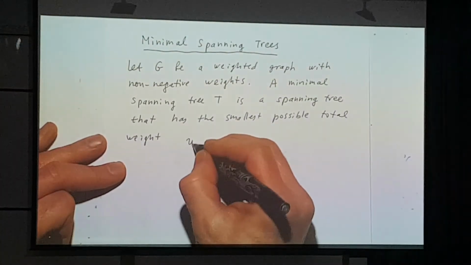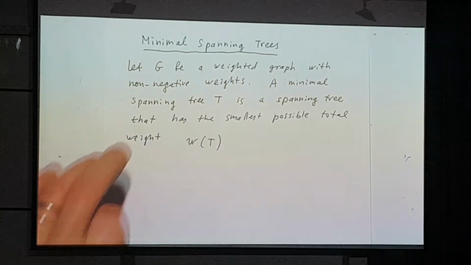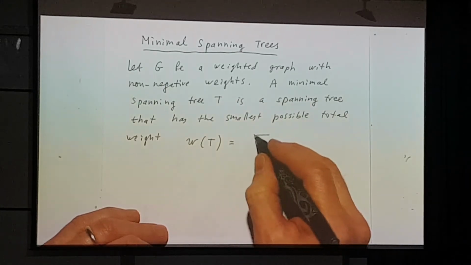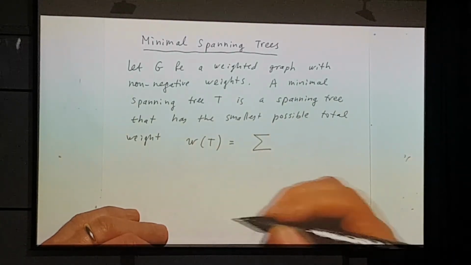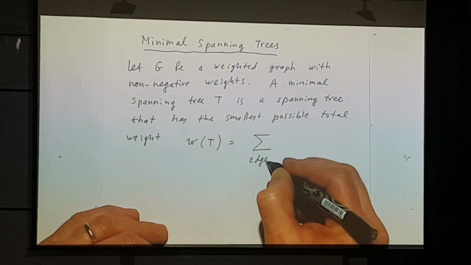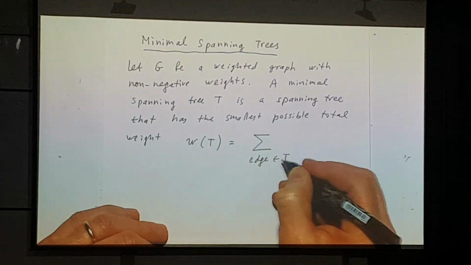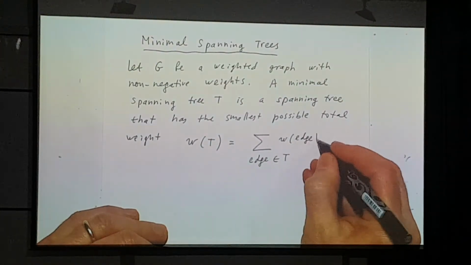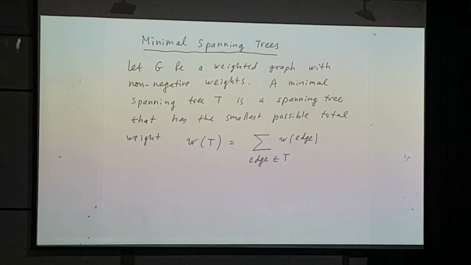So this total weight we'll denote as W of T, so T stands for the tree, W for its total weight, and we can write it as a sum, so we use the summation symbol, which runs over all edges belonging to our tree, and we're summing the weights of these edges.